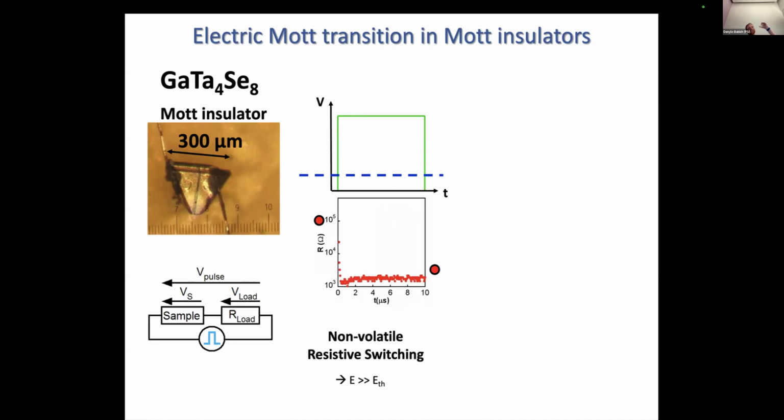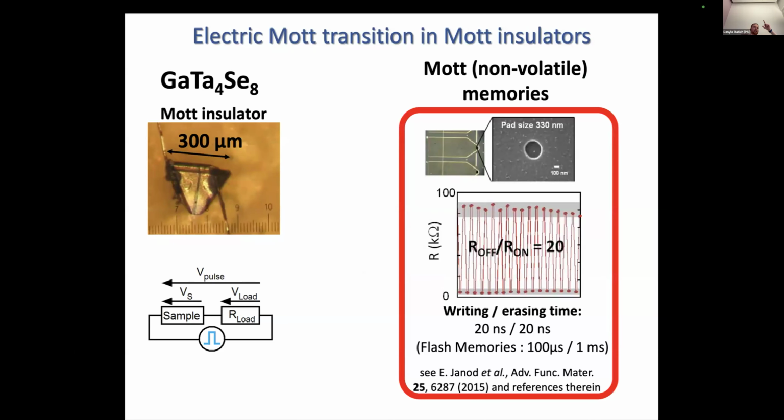If you apply another, slightly longer electric pulse, the system can cycle back from low to high resistivity, and it really can be a prototype of flash memory. On the slide, you can see that we succeeded in 20 nanosecond switching. Now our group is developing much better and much smaller devices.